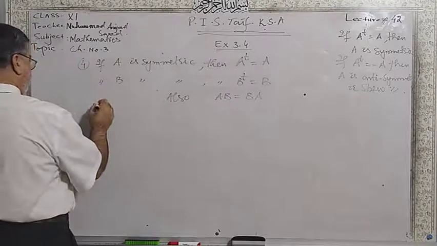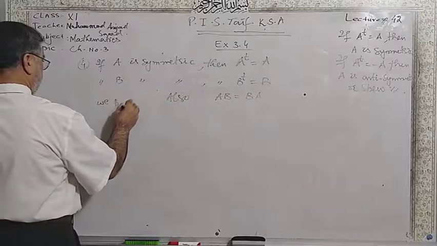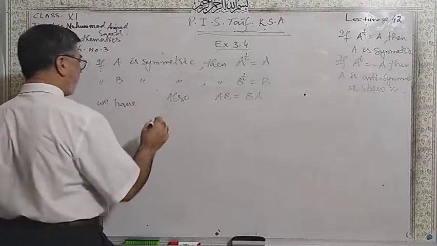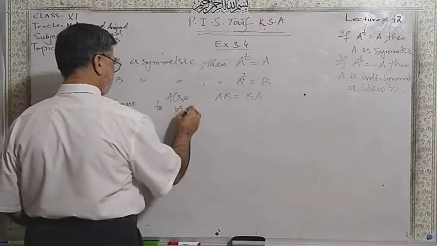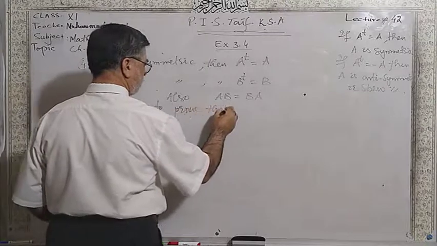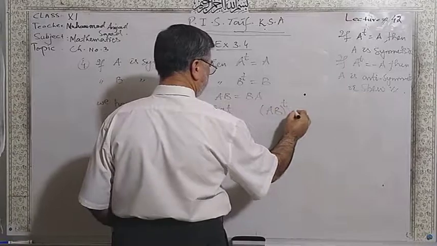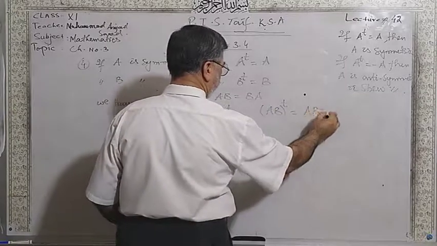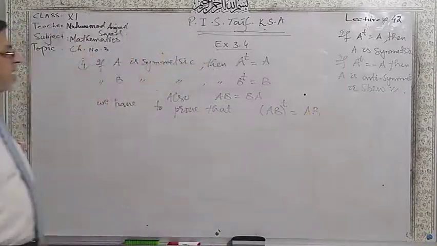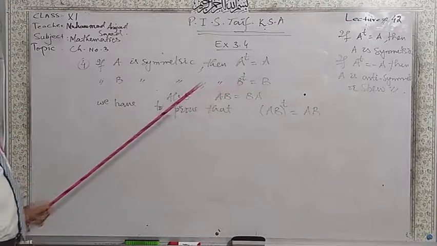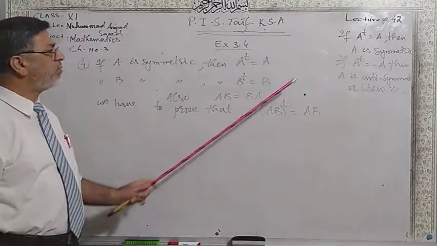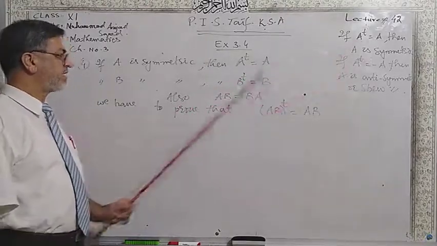So it means that if AB is symmetric, we have to prove that AB whole transpose is equal to AB. This is the condition for AB to become a symmetric matrix.